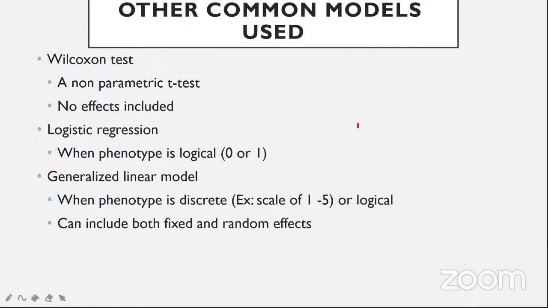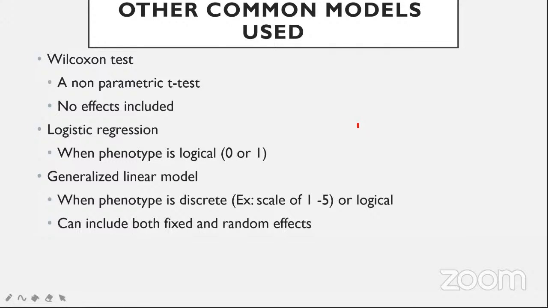In humans, if you look at association mapping, you cannot create crosses or biparental crosses like in plants, right? And at the same time, most of the times your phenotype is screened as presence or absence. Example, cancer present or absent, no relevance to the stage or anything. In that case, logistic regression is one option.